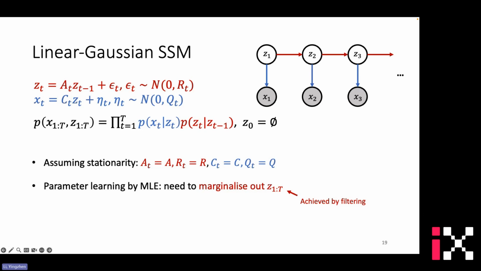The nice thing is that because they are all Gaussians, and we know how to marginalize Gaussian variables, in this case you do have solutions. But we are not going to just construct a big giant Gaussian and then marginalize all the variables. Instead, we will use this chain structure of the dynamics and do this online marginalization, which is also called filtering.